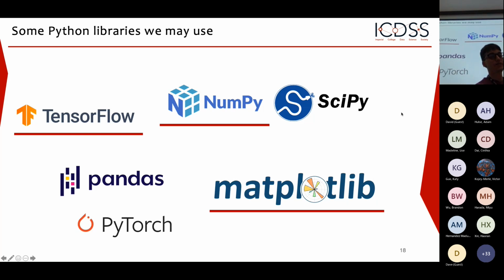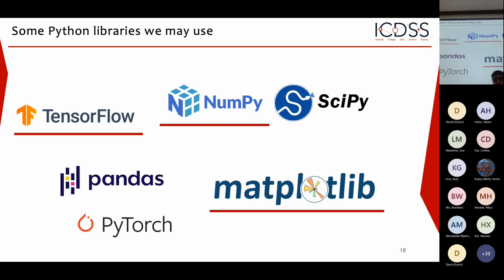And then we have PyTorch. PyTorch is used for machine learning as well. TensorFlow was developed by Google and it's open source. If I'm not wrong, PyTorch is developed by Facebook and is still open source. I underlined the libraries we're going to work with today.